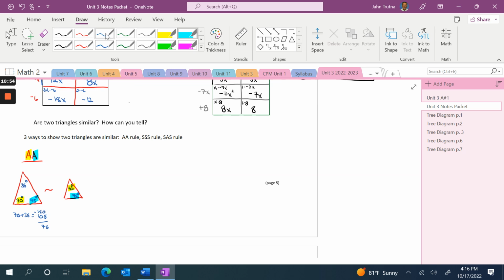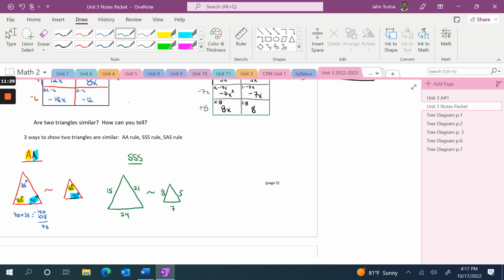The next rule is the SSS rule, the side, side, side rule. And the side, side, side rule says that one triangle will be similar to another triangle as long as you have information about all three sides of the triangle, like 5, 7, and 8, and all of the sides that correspond, their ratios are equal.